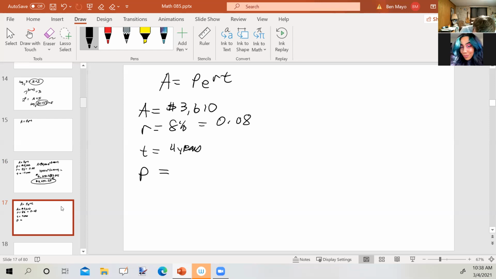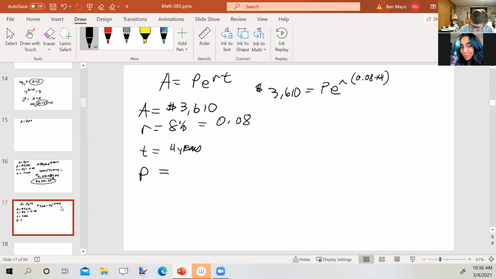So A, 3610 equals P. We don't know what P is. E to the 0.08 times 4. Okay.